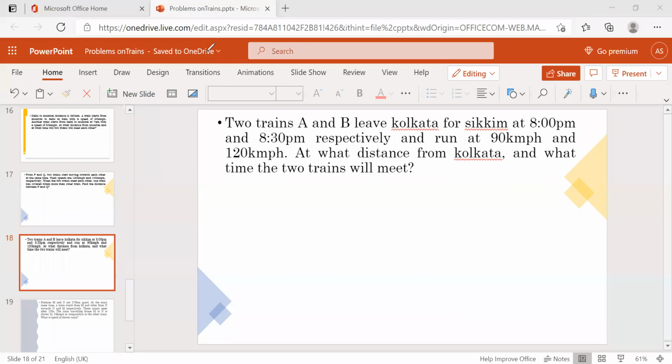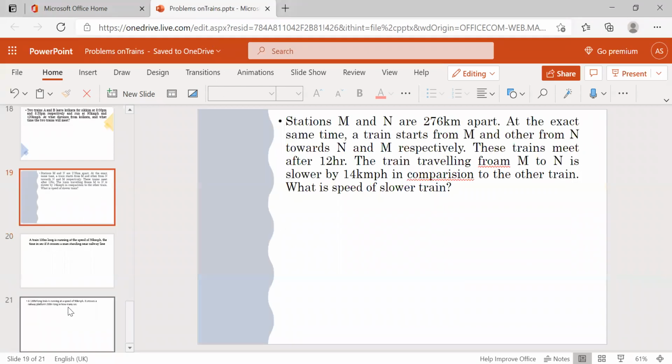And now the last question. Why I am not going to prefer these formulas, see here. Stations M and N are 276 kilometers apart. At the exact same time, a train starts from M and another from N towards N and M respectively.